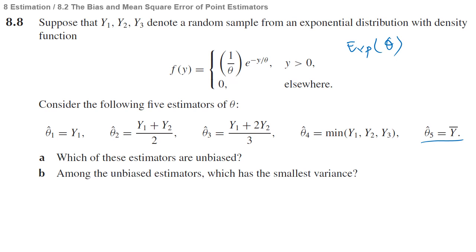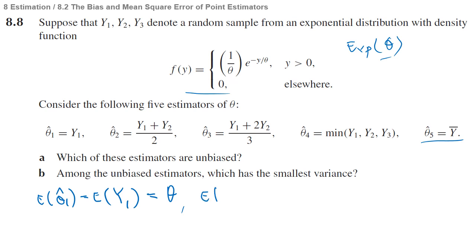So we want to calculate the expected value of each estimator. The expected value of theta 1 hat is the expected value of Y1, and since Y1 follows an exponential distribution with parameter theta, this is theta. So this is unbiased.